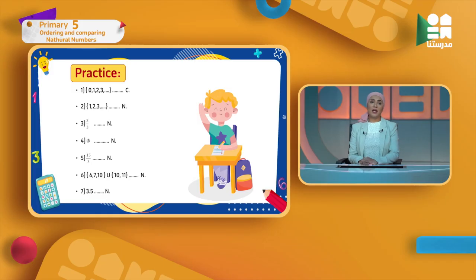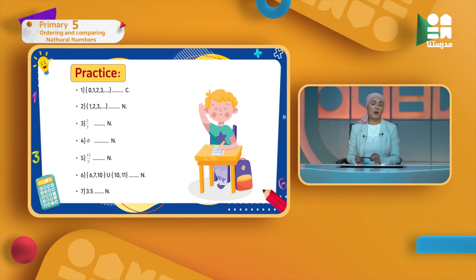Okay, now let's practice. The first question, number 1: the set of numbers 0, 1, 2, 3, and so on is what to the set of counting numbers? Let's remember together. When I have a relation between two sets, I choose either subset or not subset.